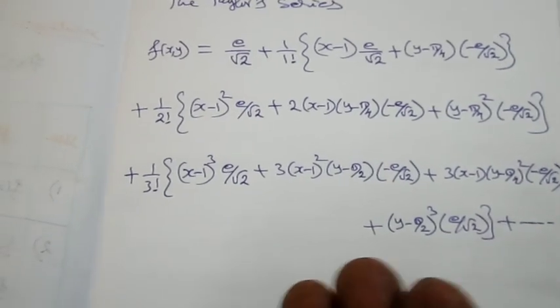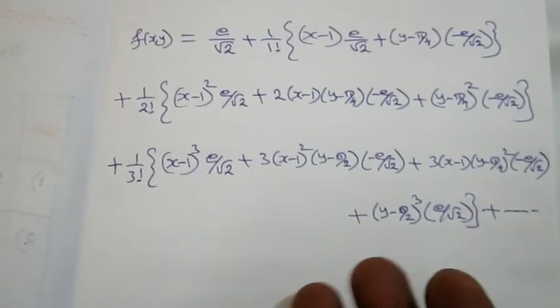Now to simplify, you can take e by root 2 completely outside, or we can leave it. This is the answer of the problem.